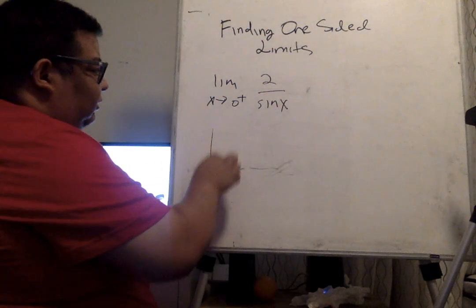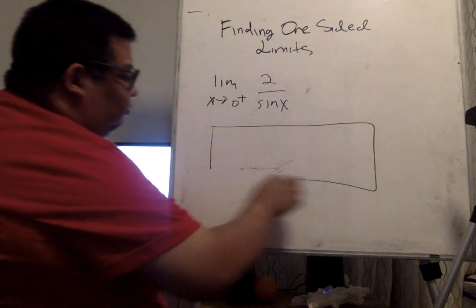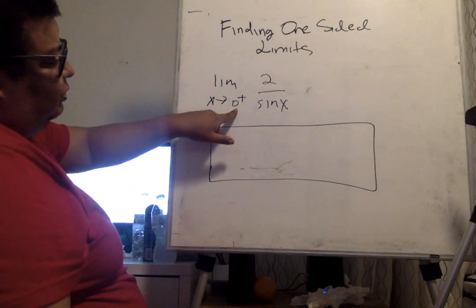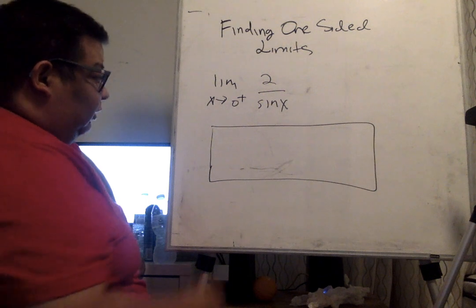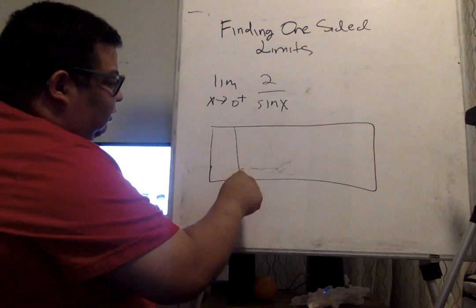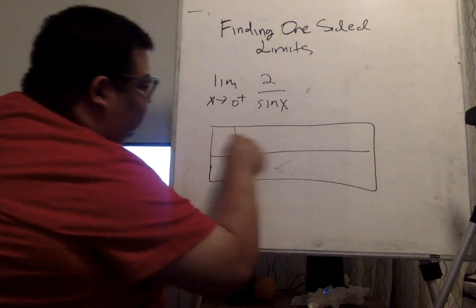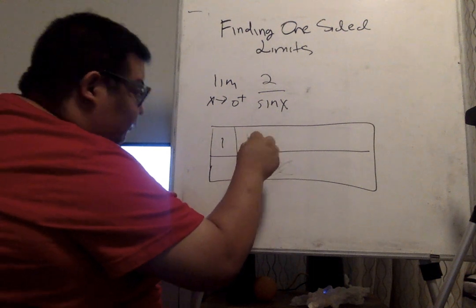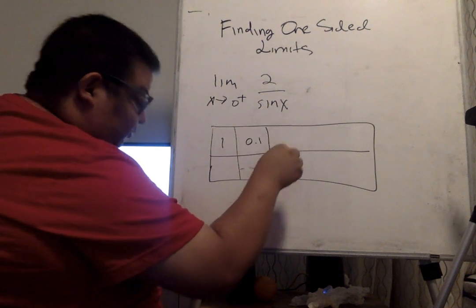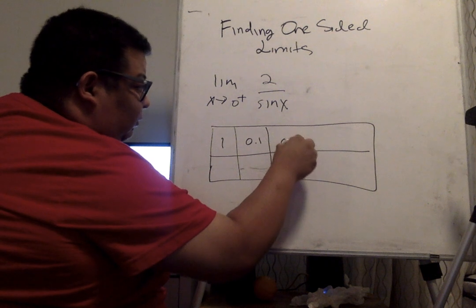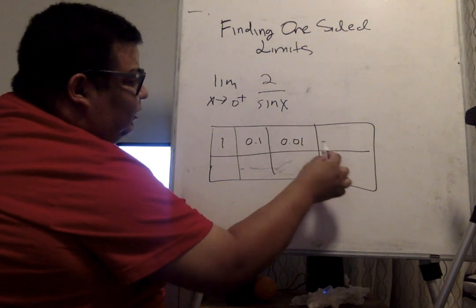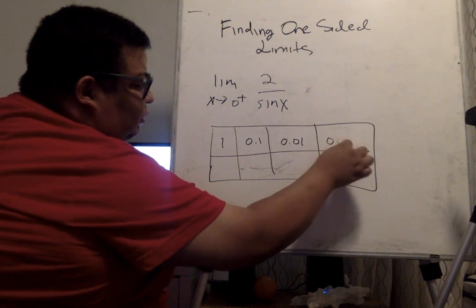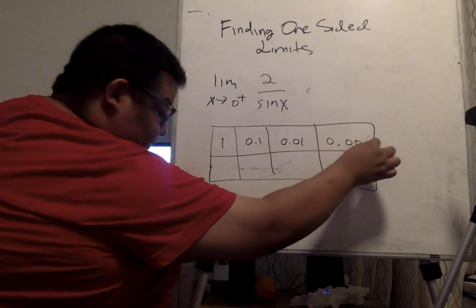So now let's create a table. Remember, we're approaching 0 from the right side. That means we can start from 1 and decrease it. We'll start from 1, then 0.1, then 0.01, then 0.001.